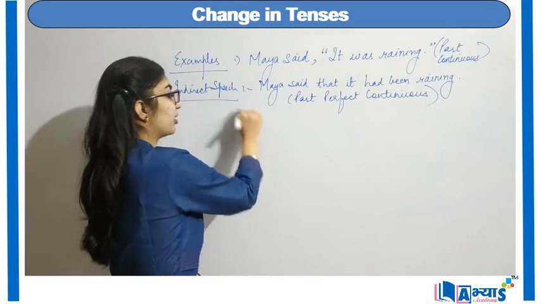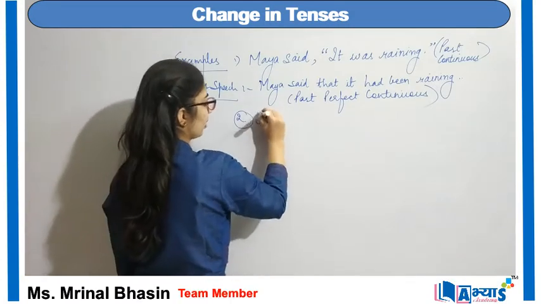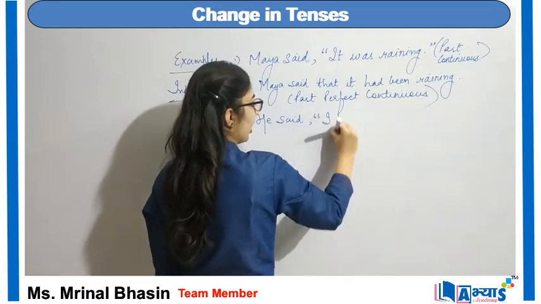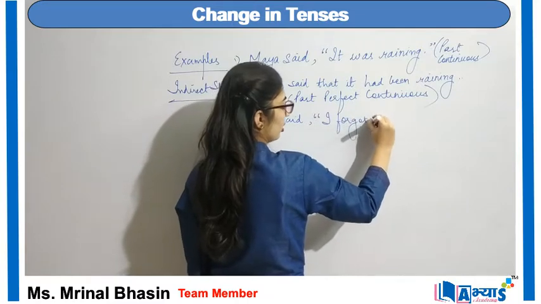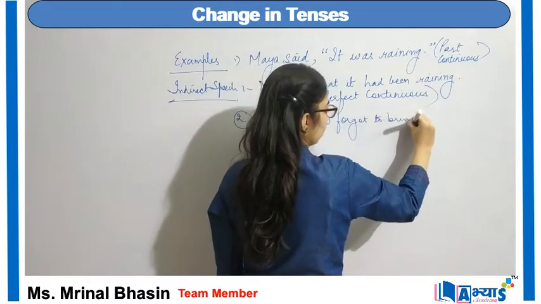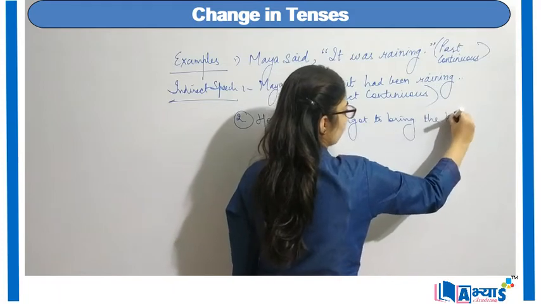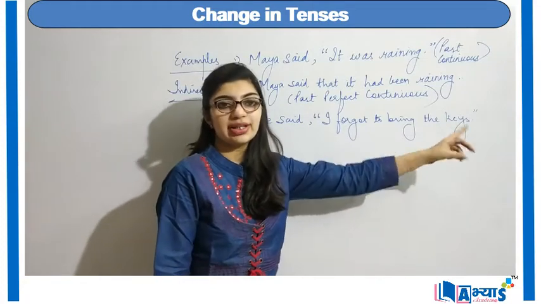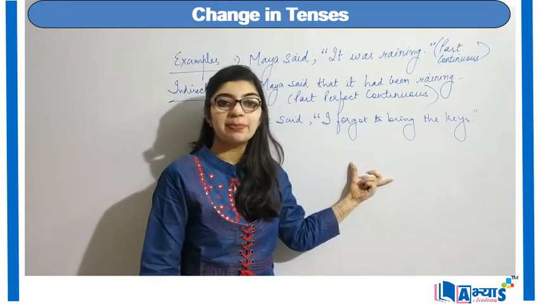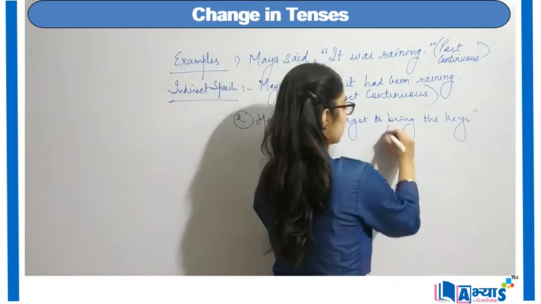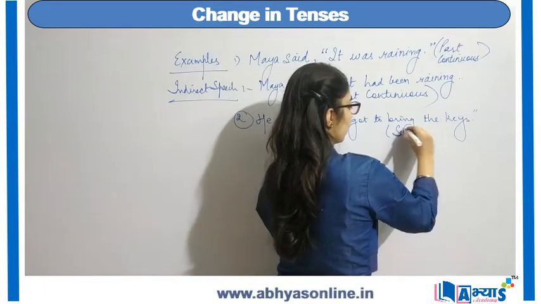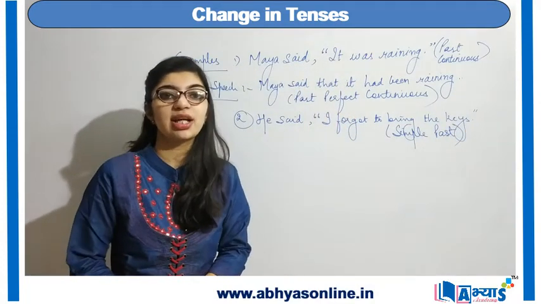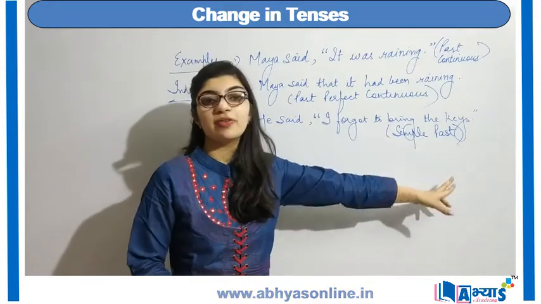Let me explain with another example. He said, I forgot to bring the keys. Now this is my sentence in simple past tense. Now simple past in indirect speech gets converted to past perfect tense.